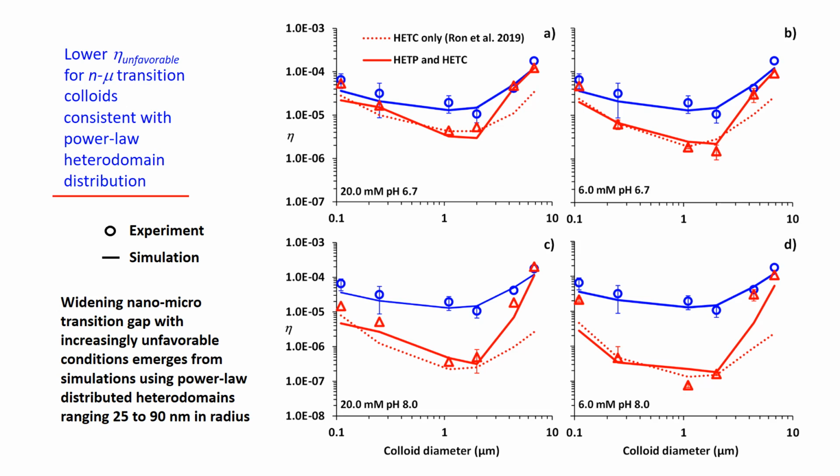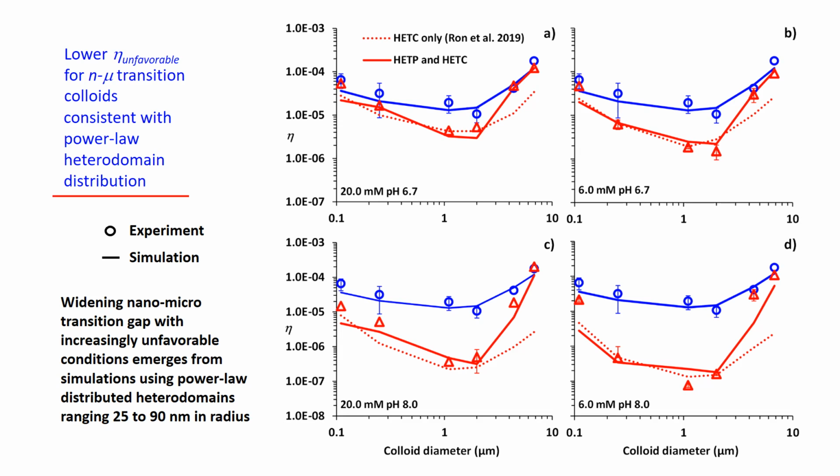And you can see that this gap between favorable and unfavorable attachment increases with that increasing unfavorability, but also increases specifically for this nano to micro transition size range between 200 and 2,000 nanometers. And so by incorporating heterogeneity on both surfaces, we're able to capture this. And notice that the dotted line is for when we incorporate it only onto the collector surface.